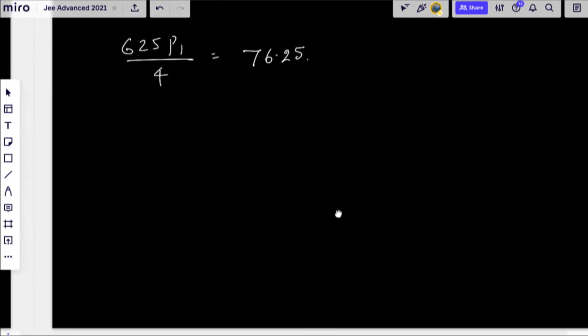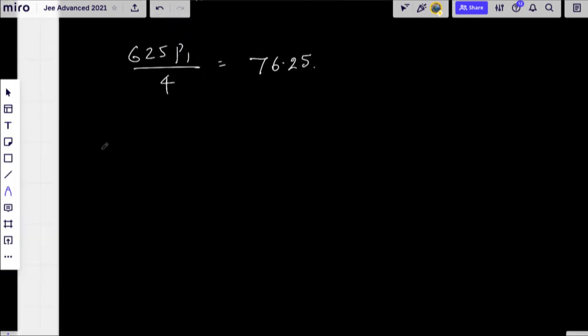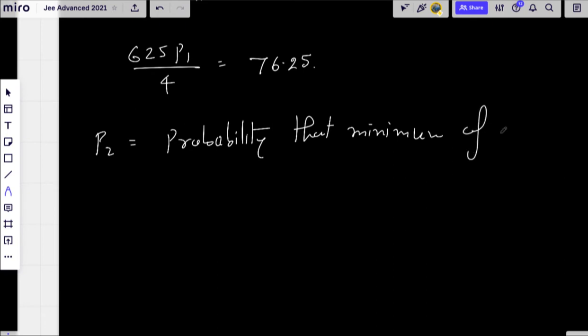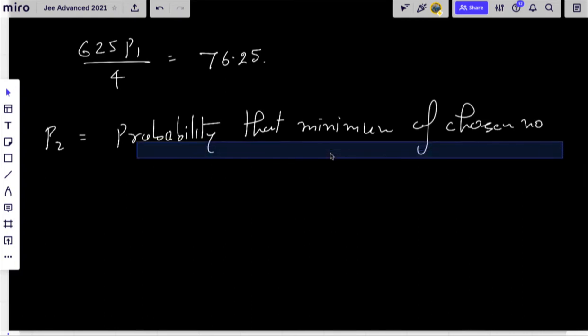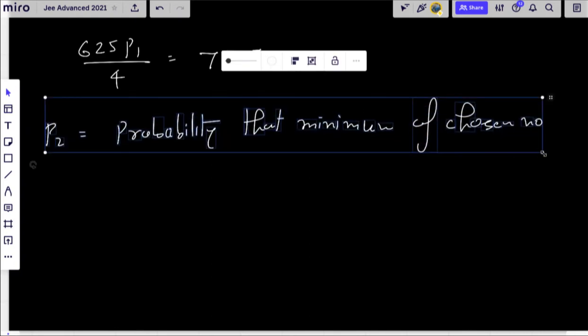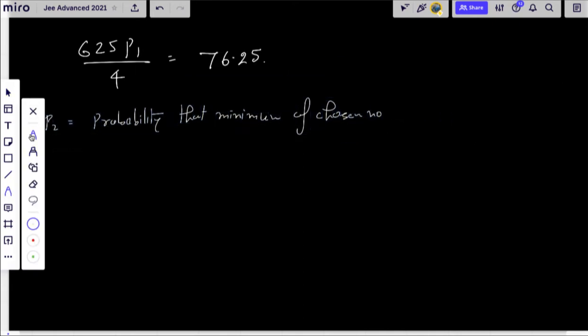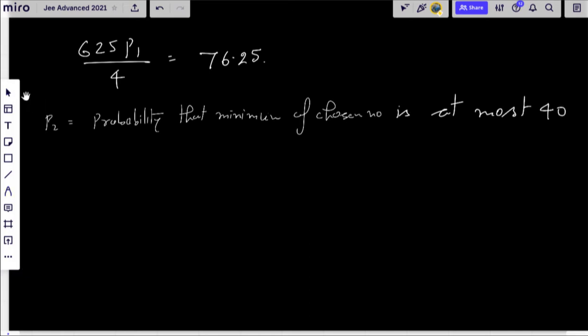So probability, that is P2, as per the question, is the probability that the minimum of chosen number is at most 40. So as per the question, there is the requirement over there.